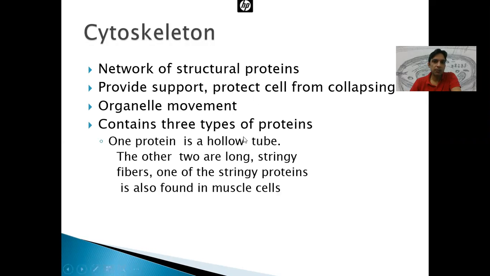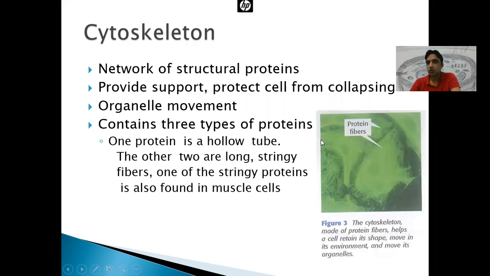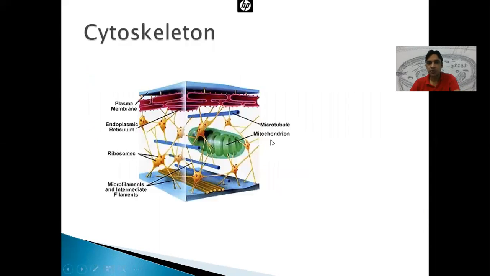There are three main types of proteins which constitute the cytoskeleton. They are like hollow tubes and like fibers. They are stringy proteins, and they are also present in the muscles. Without these proteins, cells do not keep their shape at all.